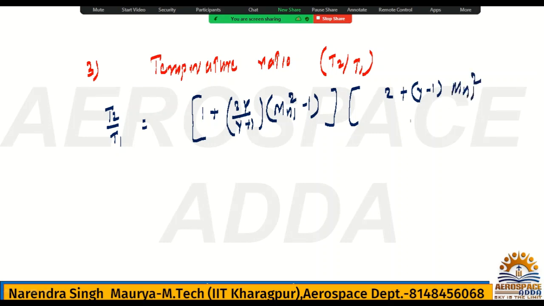Remember, I already gave this formula last session, so directly I am writing gamma plus 1 with Mn1 instead of M1. That's all. And you write Mn1 square is equal to M1 square sine square beta. Right? So this is also the value of T2 by T1.